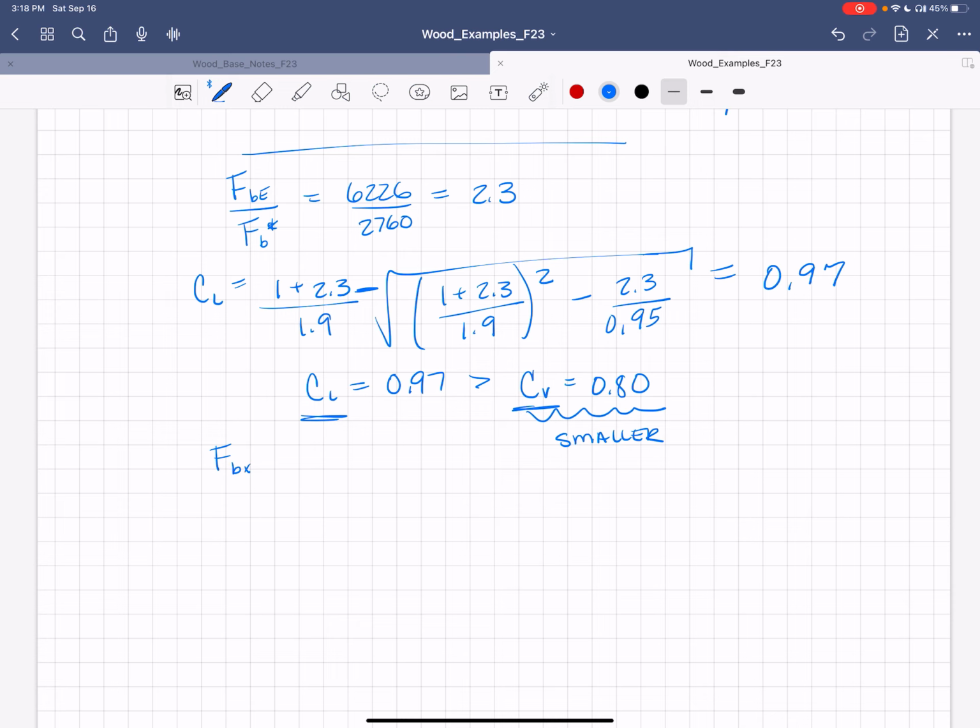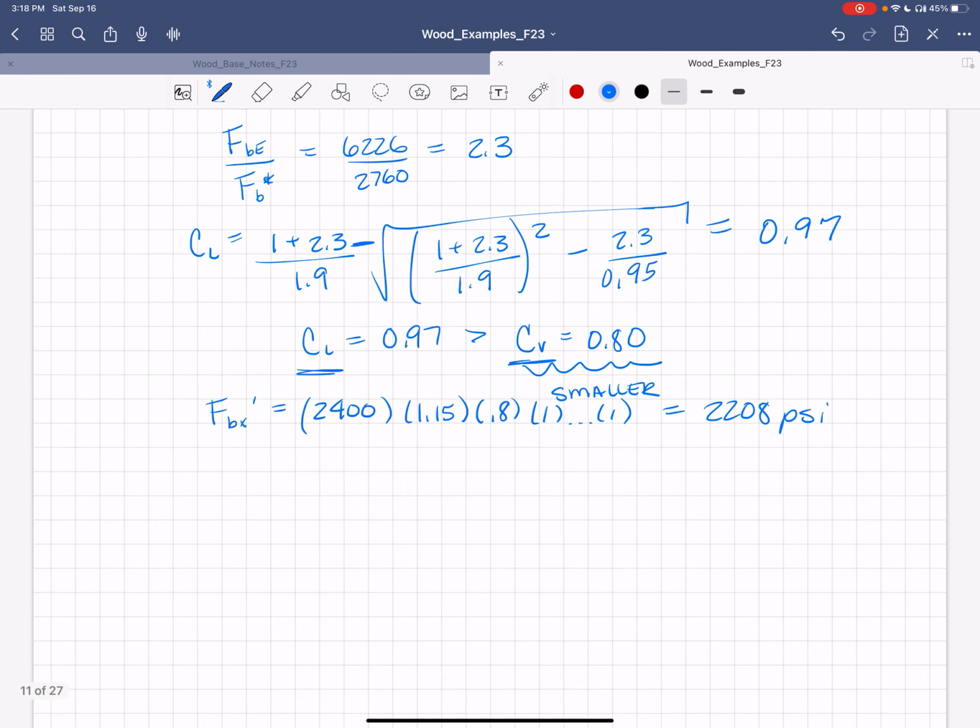F sub B prime is now 2400 psi times 1.15, I use the 0.8, and everything else was ones. And I get 2208 psi. All right, so now I've got that value, little f sub b.